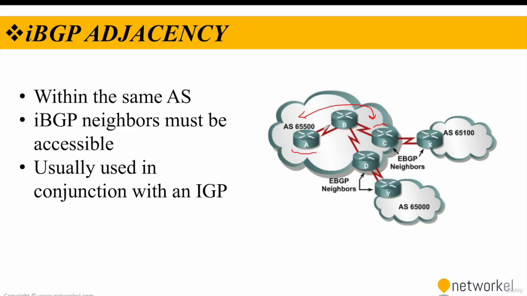The only thing you need to know is there should be reachability from router A to router C. How I achieve this is that most of the time there will be an IGP running within this AS.